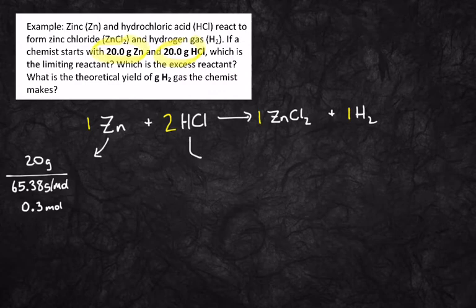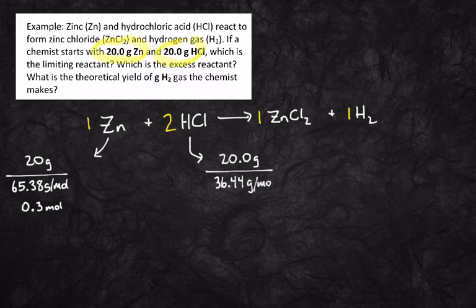Now for HCl, the 20 grams of HCl, the molar mass of HCl is 36.44 grams per mole. I got that by adding up the atomic mass for hydrogen and the atomic mass for chlorine. When you do the math, you get about 0.5 moles.